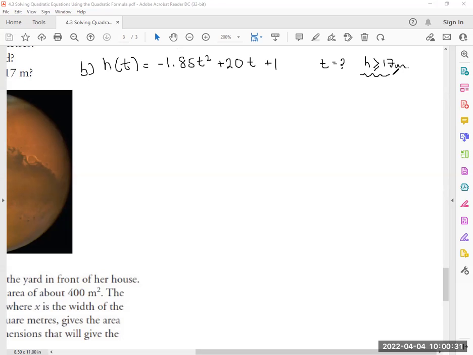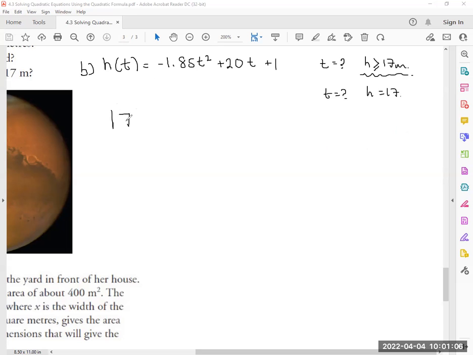That seems a little hard to do, but what you can do is first figure out at what time the height is going to equal 17, and we can interpret it from there. Consider this: if we have that same parabola, and if we can figure out what this number is and what that number is, the amount of time between those two is what we're looking for. Let's solve it out.